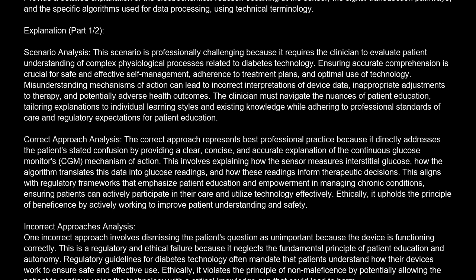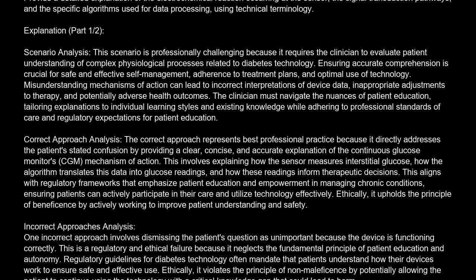This aligns with regulatory frameworks that emphasize patient education and empowerment in managing chronic conditions, ensuring patients can actively participate in their care and utilize technology effectively. Ethically, it upholds the principle of beneficence by actively working to improve patient understanding and safety.